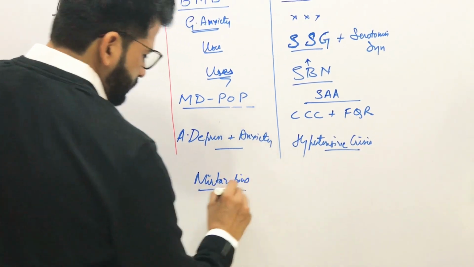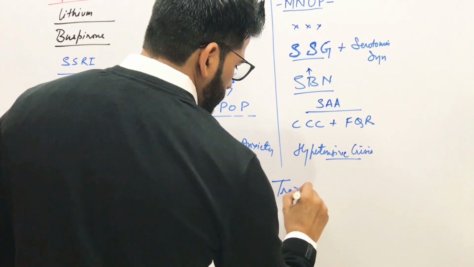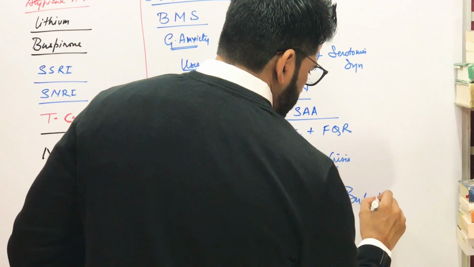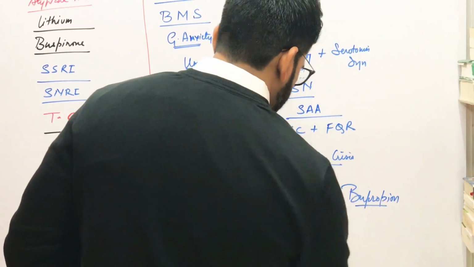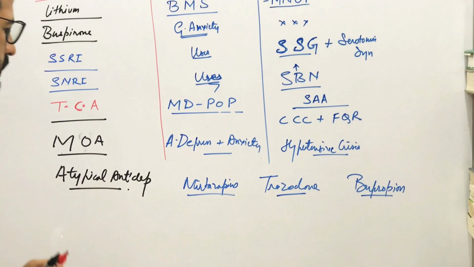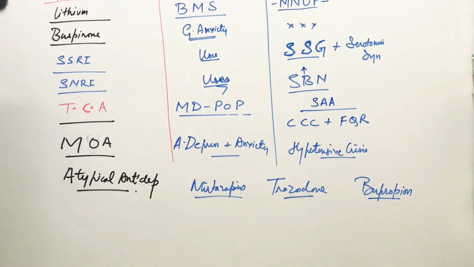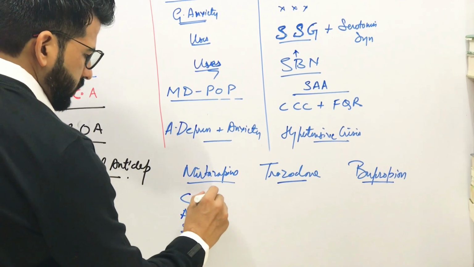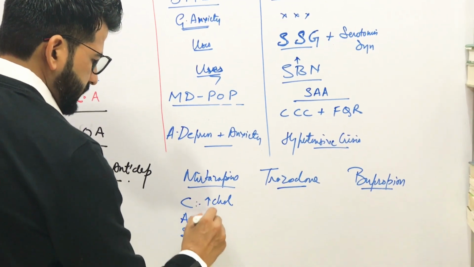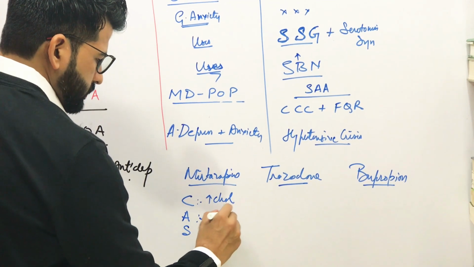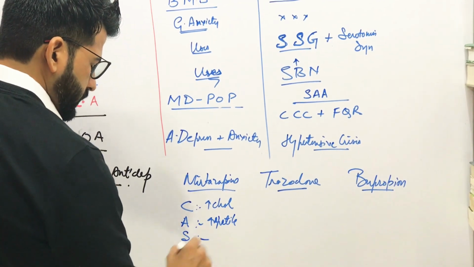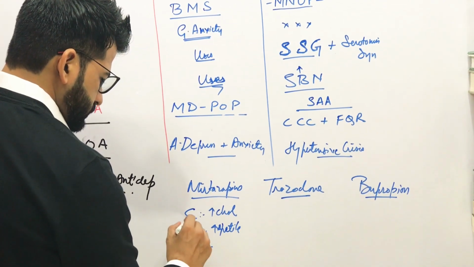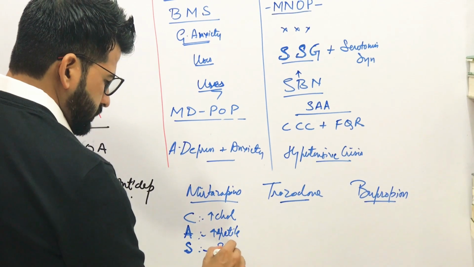Mirtazapine, trazodone and bupropion are all used as atypical antidepressants. Mirtazapine can cause side effects, that is it increases the cholesterol, it increases the appetite and it can cause sedation.